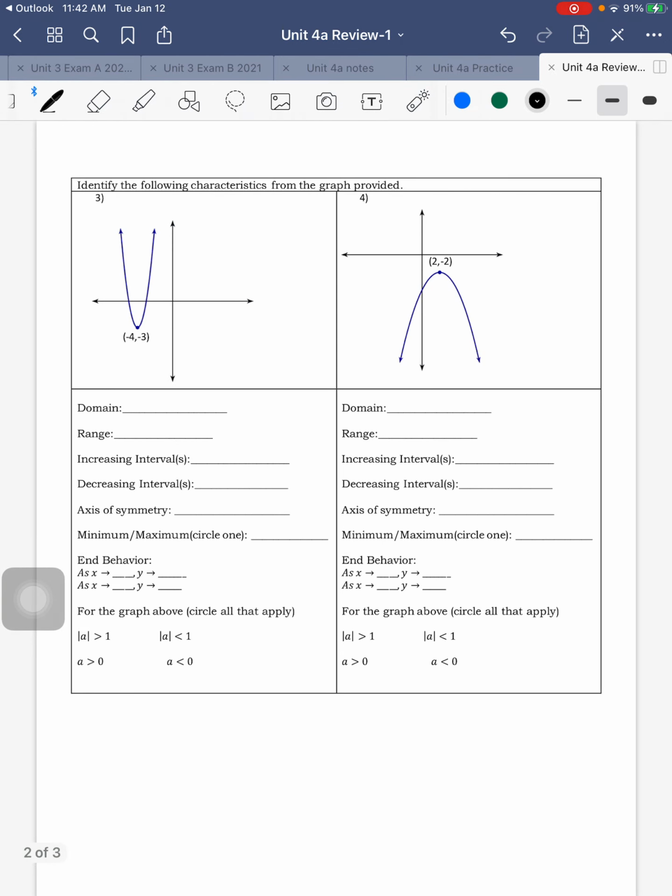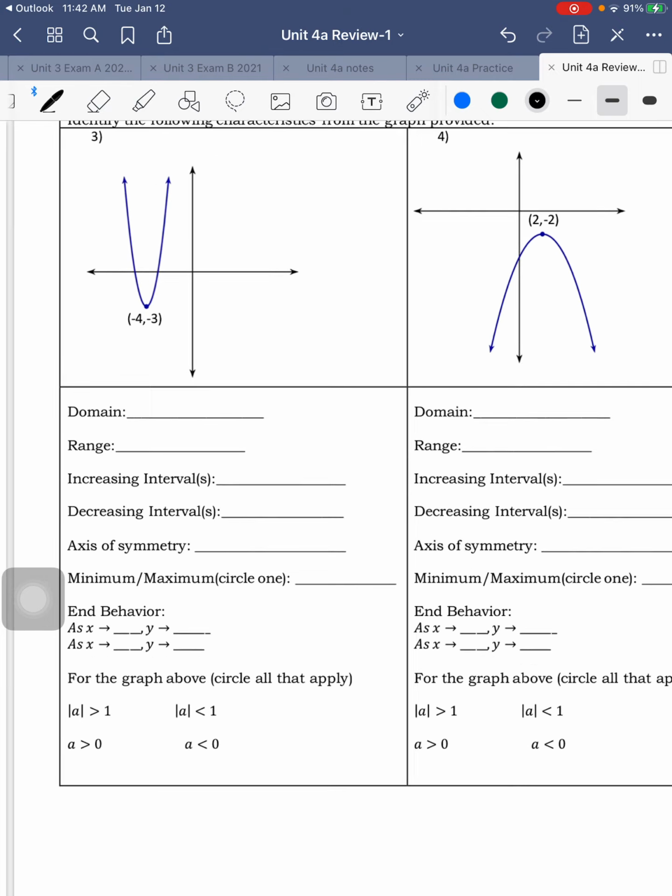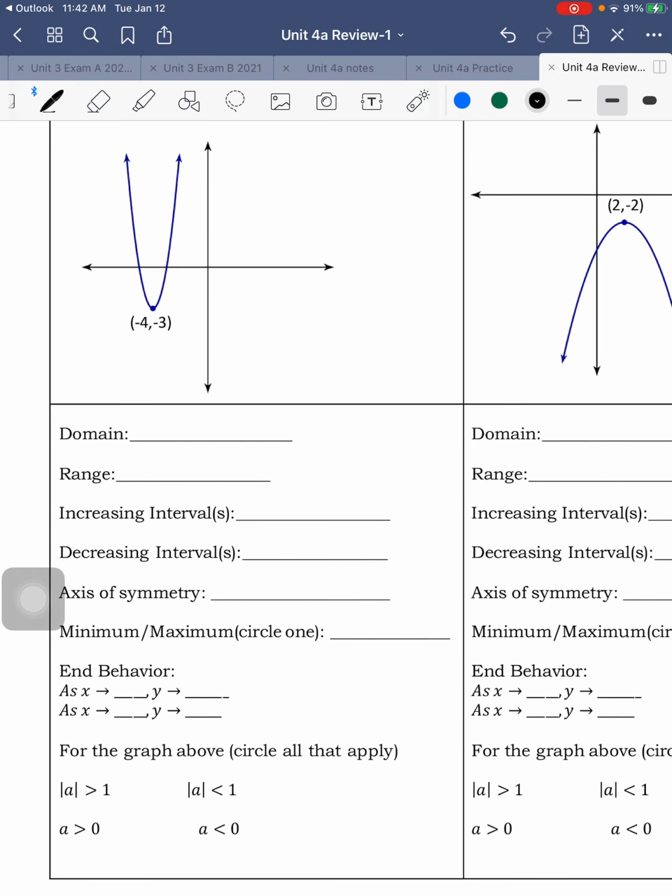All right. Back here, we have domain, how far left to how far right: negative infinity to infinity. Range, look at the y value from -3 up to positive infinity, because these go up forever. It doesn't matter which side you look at, they both go up, so it just takes one of them.